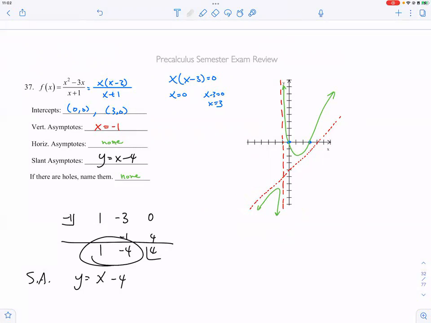I would substitute x being -2 into the original function. And I would say, well, it is 4 and then plus 6, over -2 plus 1, and I've got 10 over -1, which is -10. And I'll be like, yeah, at -2, I got a point that is pretty low.